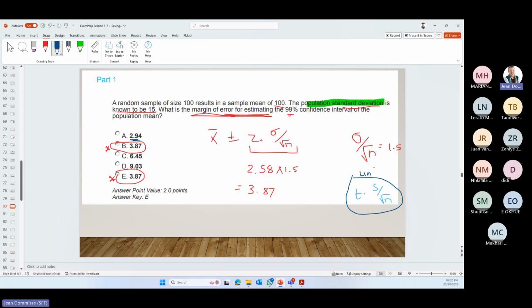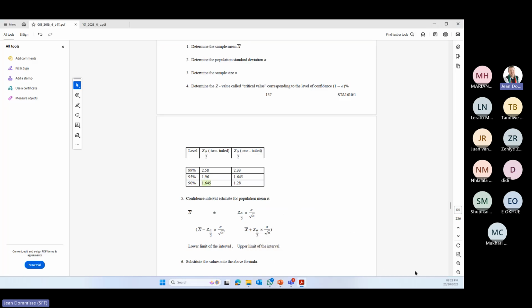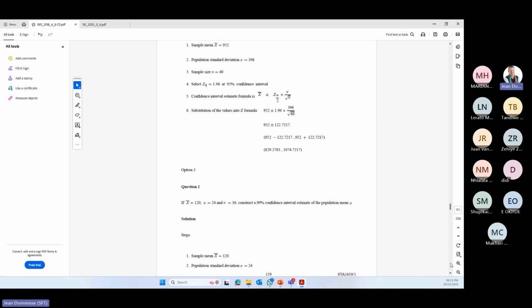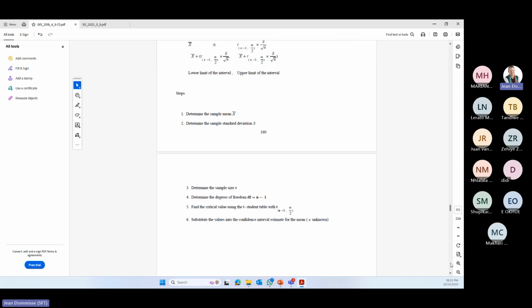The T would be used when it was unknown. So just remember, if you need to work out the margin of error, you can also get a question about the sample standard deviation. It does not need to be the population, because you can work it out with the T. The same goes for population proportions. Just remember it is also available for proportions.